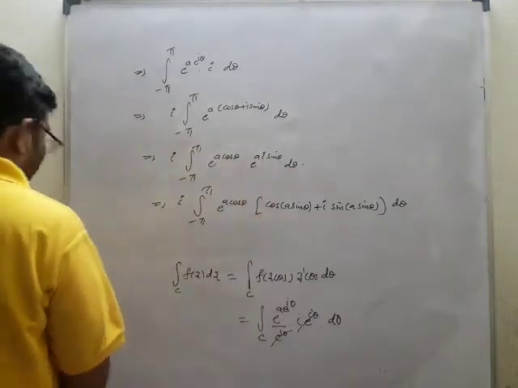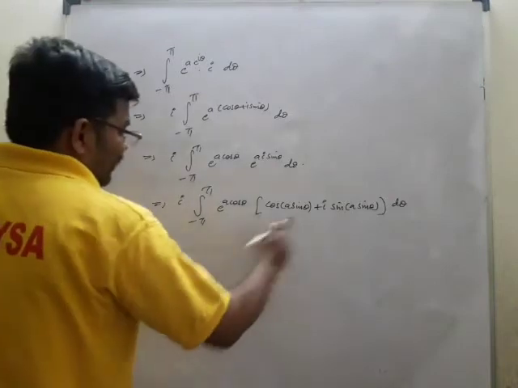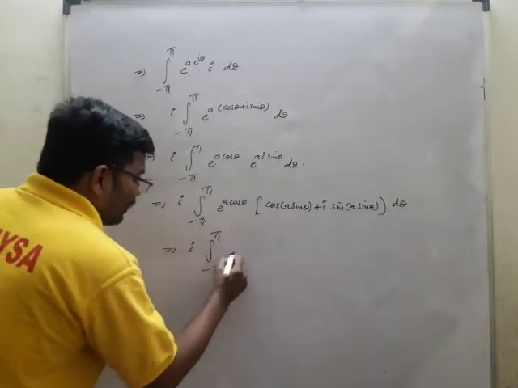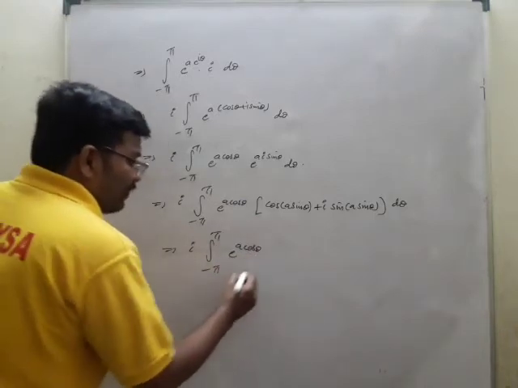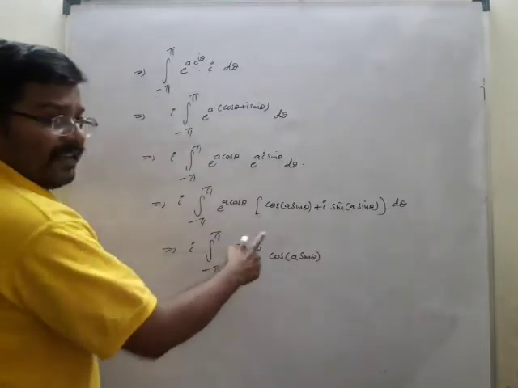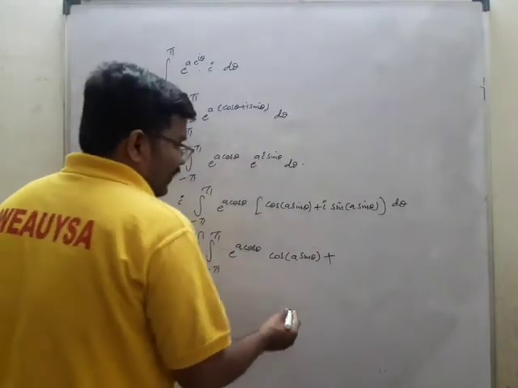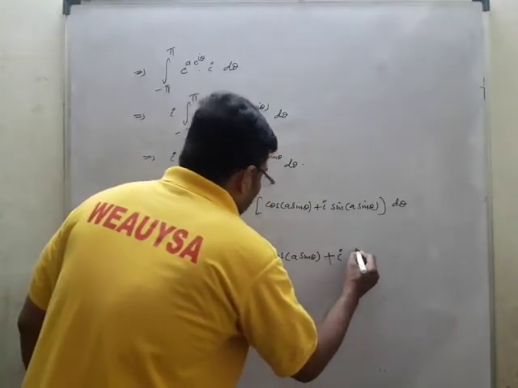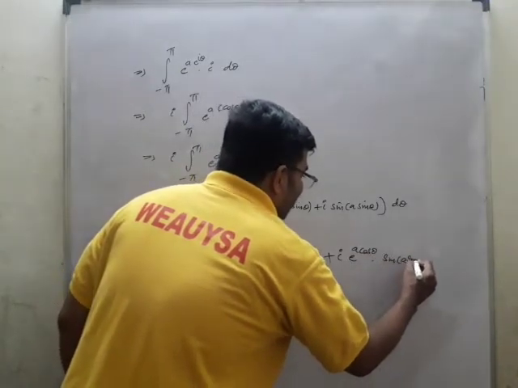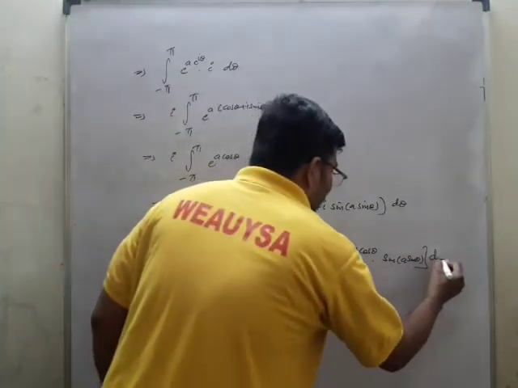Then therefore what we'll get here is the integral from minus pi to pi of e power a cos theta, multiplying e power a cos theta inside, into cos(a sin theta), then plus i, kept out, plus i into e power a cos theta into sin(a sin theta) d theta.